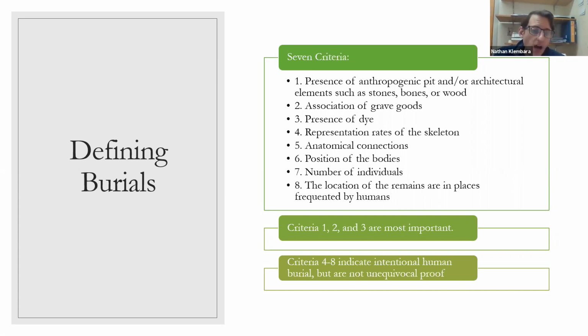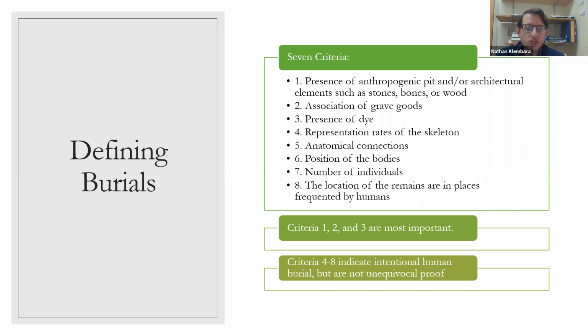However, there are 5 other things that can also be used to strengthen or not strengthen our assessment that something is a burial versus random disposal. So the first thing is representation rates of the skeleton. So how much of the skeleton is present? Is the whole thing present?